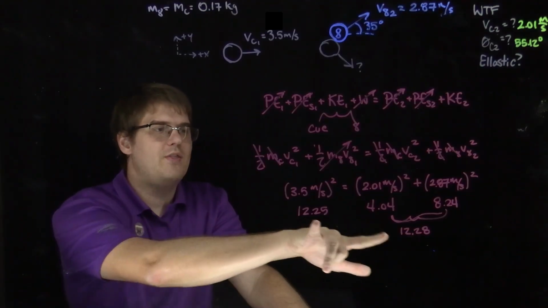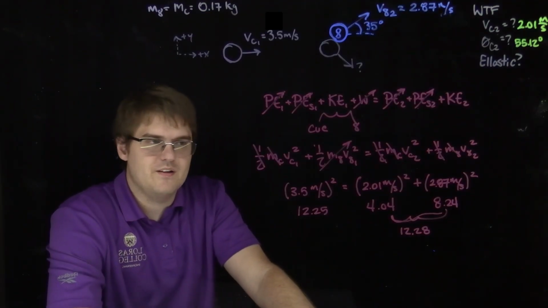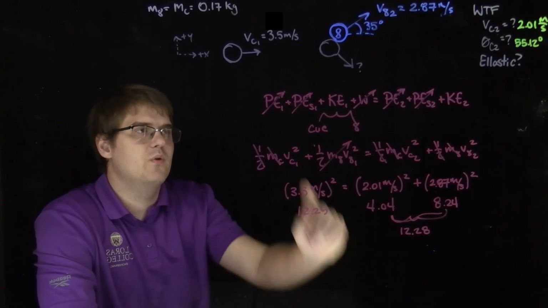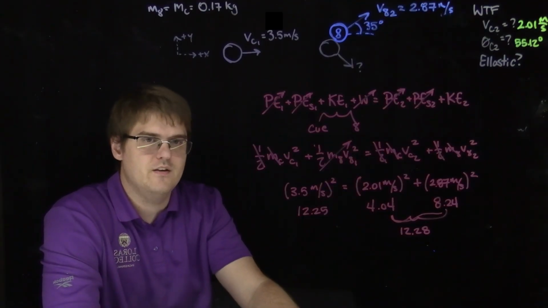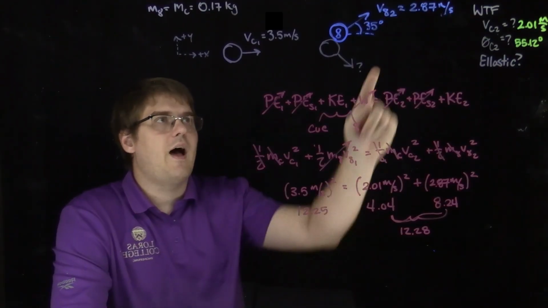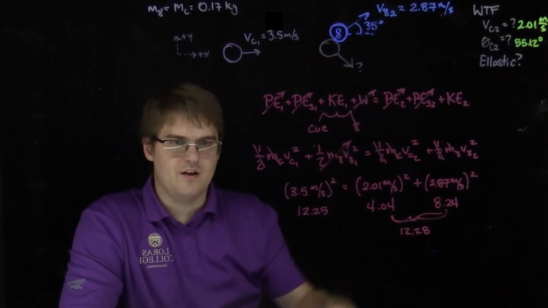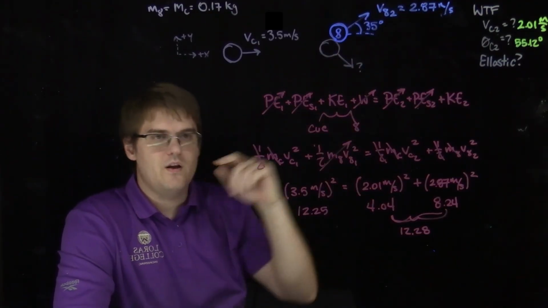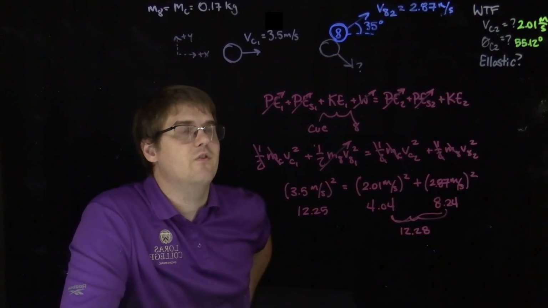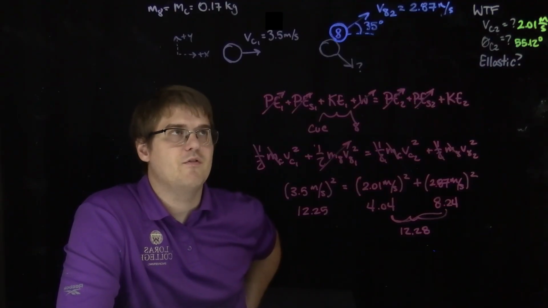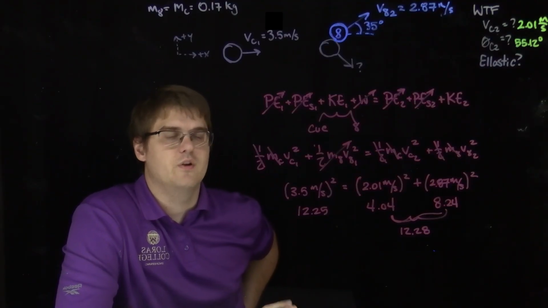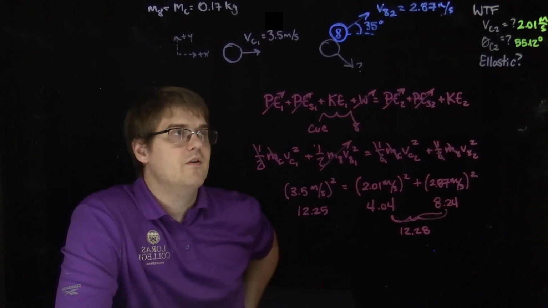So that is my perfectly elastic piece. I've shown that energy was conserved, and so was the other, because I could have solved this at a bunch of different angles, but only that velocity at that angle is going to result in a perfectly elastic collision for this setup.